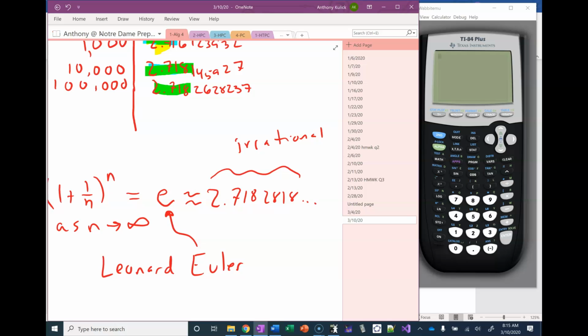So what this does is it gives us a new model that we can use when things are happening all the time.